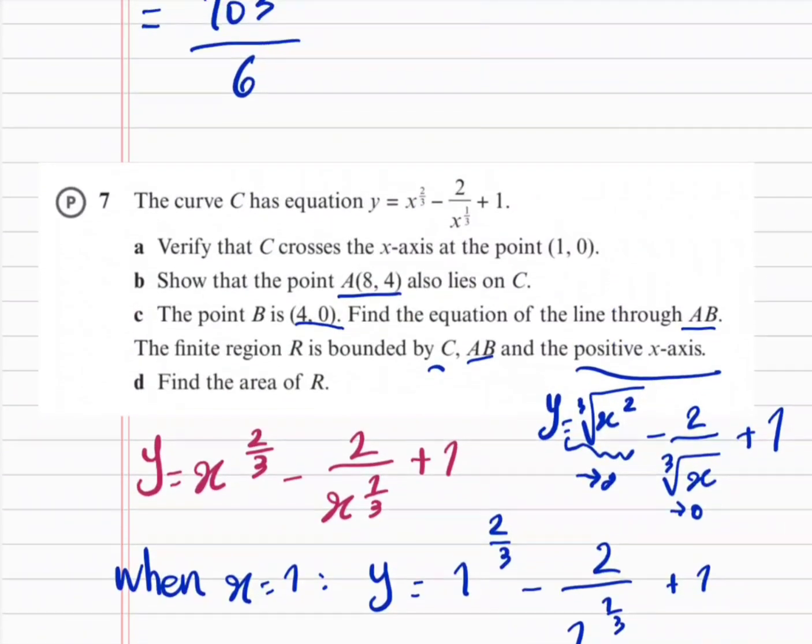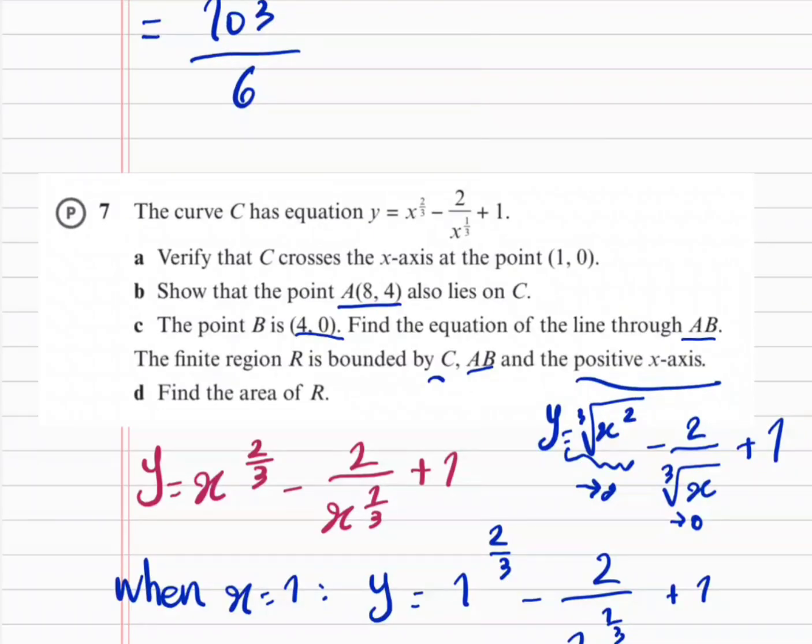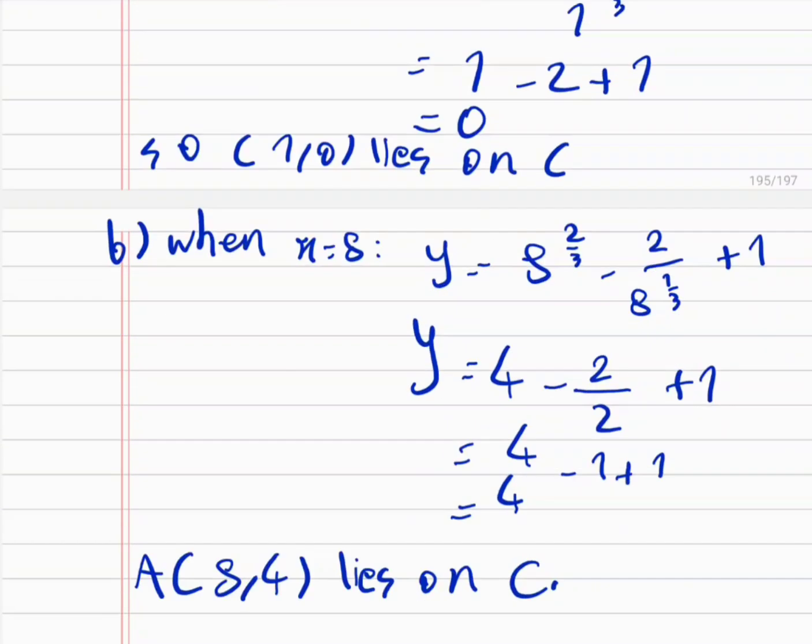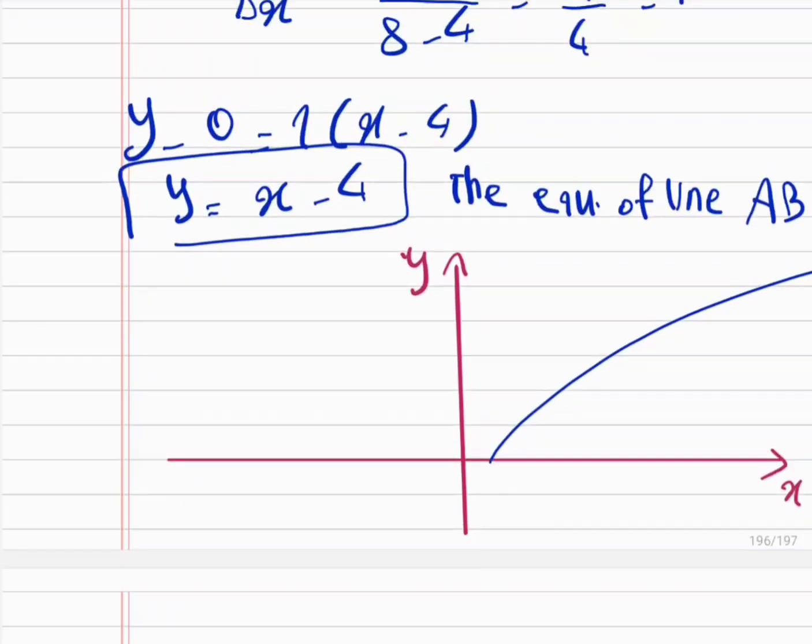And another fact here is that the question was saying that curve C crosses the x-axis at the point 1, 0. So that one is also another clue, which is going to be absolutely crucial for us. So here, there is only one x-intercept on the positive side, and that's equal to 1.